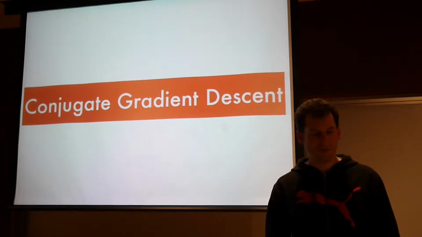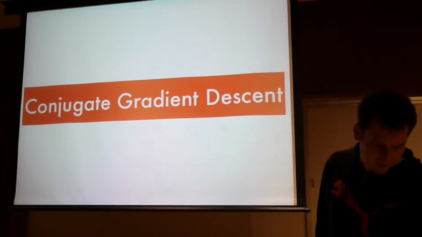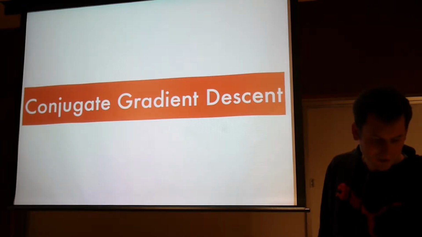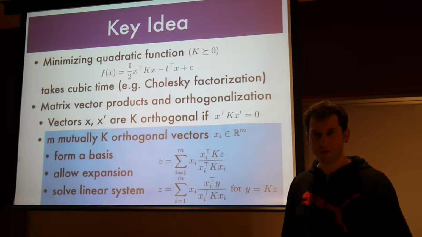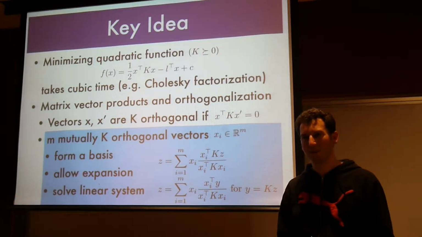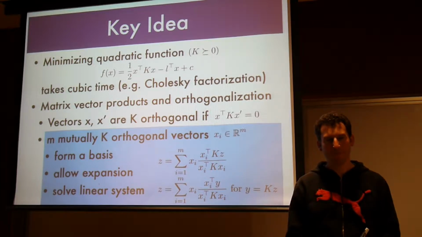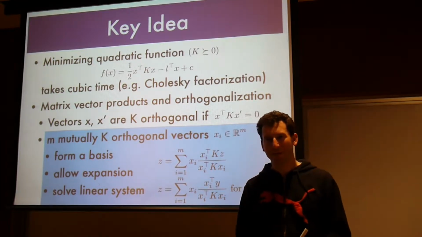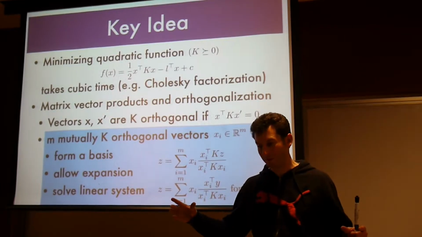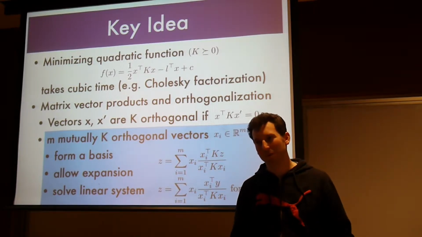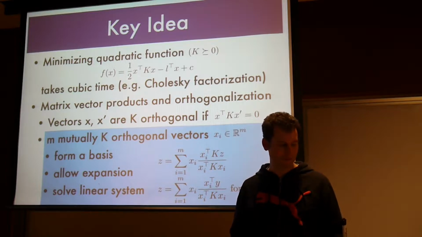So before we move on with other solvers, let me just quickly show you a bit of conjugate gradient descent. The reason why you would care about this is because the Newton method is really expensive. It requires that at some point you compute this Hessian matrix, and you compute the inverse, or at least you solve a linear system.